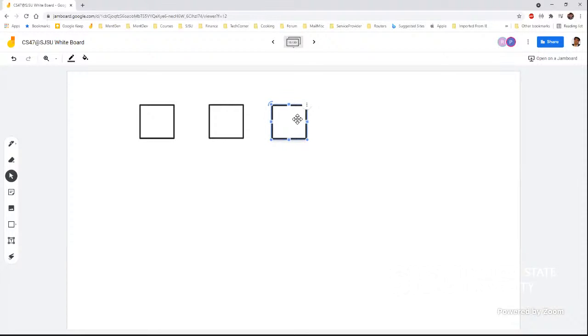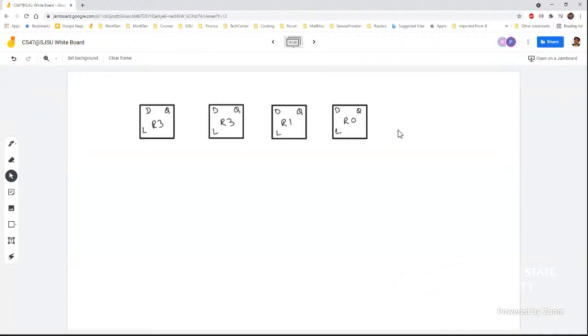We have 4 registers, 1 bit each, with D, Q, and L on each. Let's say this is register 3, this is register 2, register 1, and this is register 0, 1 bit each.